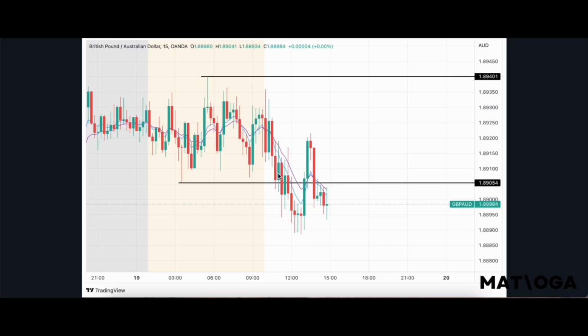I mean, it's a valid entry because right here it's a break below the session low. Right here it's kind of a retest. Right here is another continuation candle, a strong red candle below the EMAs, below the session low. But just seeing these wicks right here, these two wicks, and all of the mess right here is just not the greatest, you know.